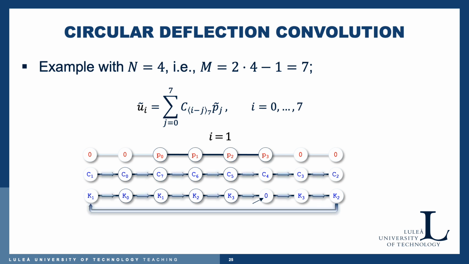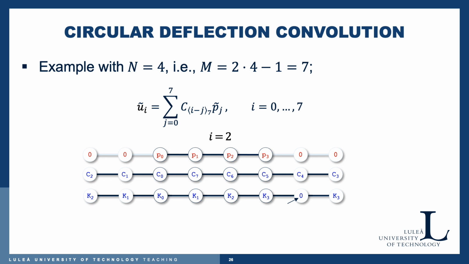So this is what it becomes for I equal 2. And actually, if we stop here and have a look, we can now see that within this green window, we have on the bottom row the first row of the kernel matrix for the elastic deflection.